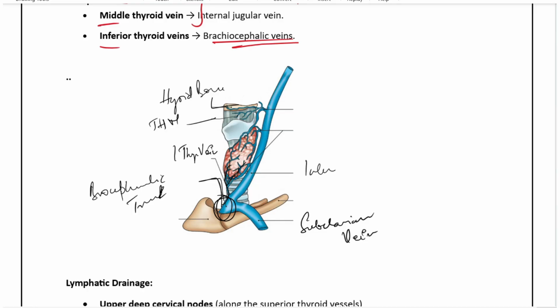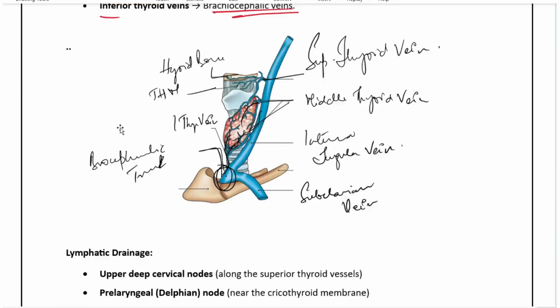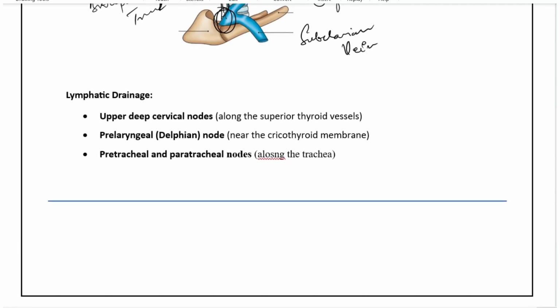This big one is your internal jugular vein. Okay, here these two are your middle thyroid vein, and this is your superior thyroid vein.